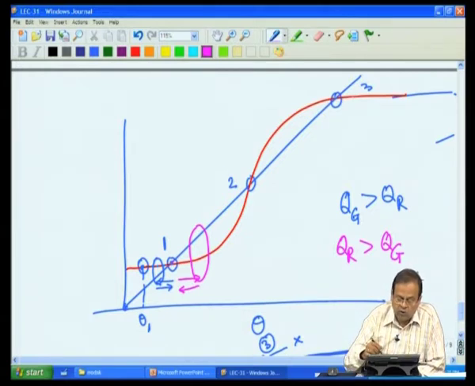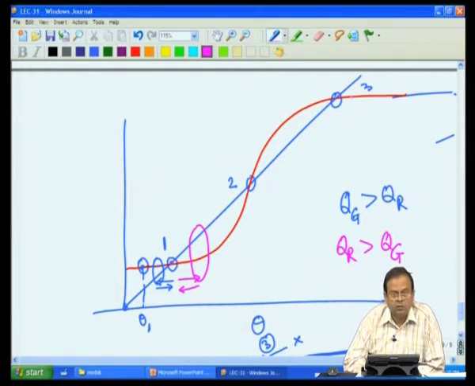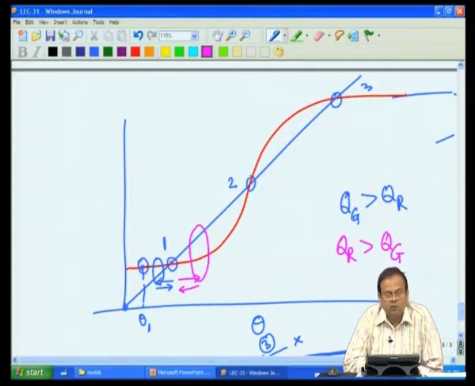Let us try to see what happens at steady state 3. The same thing can be said in another way, that this steady state is an inherently stable steady state. That is, any perturbation that you carry out in the positive direction or in the negative direction will die out and we will come back to the steady state.